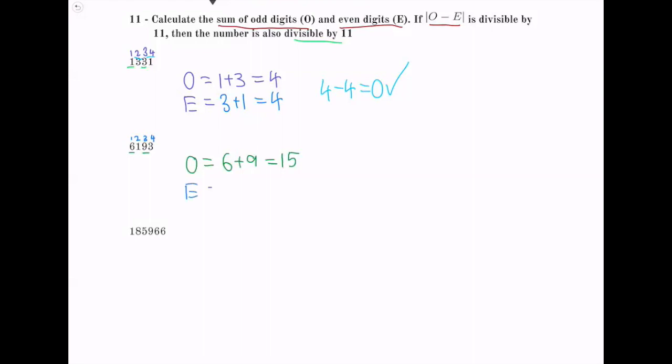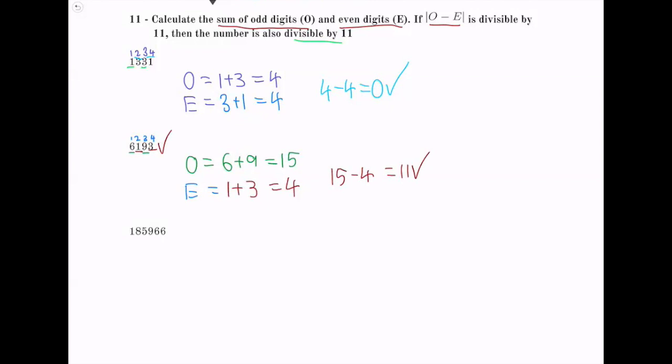What about the even sum? The sum of the second and fourth digit, 1 plus 3, is 4. Then we do 15 minus 4. Remember, O minus E is 11. And 11 is, of course, divisible by 11. So 6193 is also going to be divisible by 11.